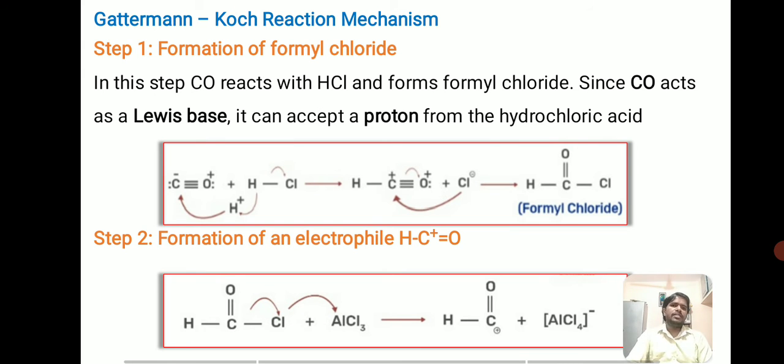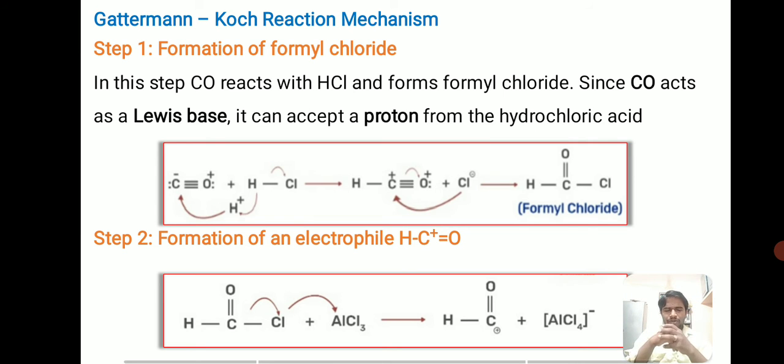Coming to the mechanism of this Gattermann-Koch reaction, it involves a few steps. In the first step, what happened? Formation of formyl chloride takes place. See here, carbon monoxide reacts with HCl and forms formyl chloride.